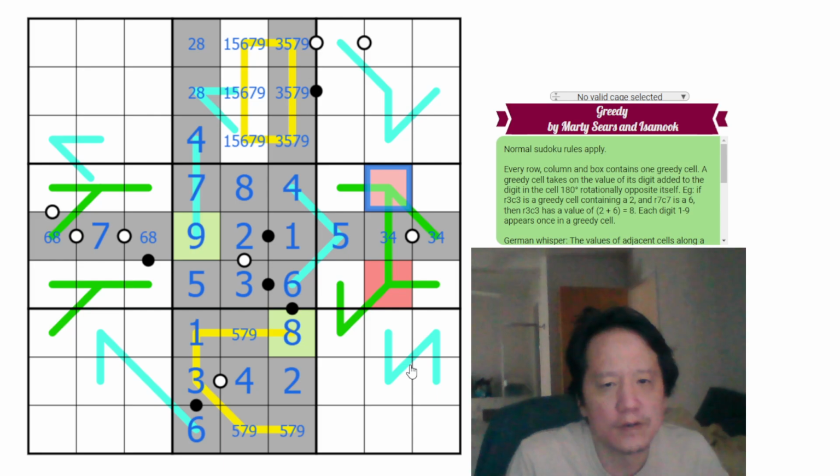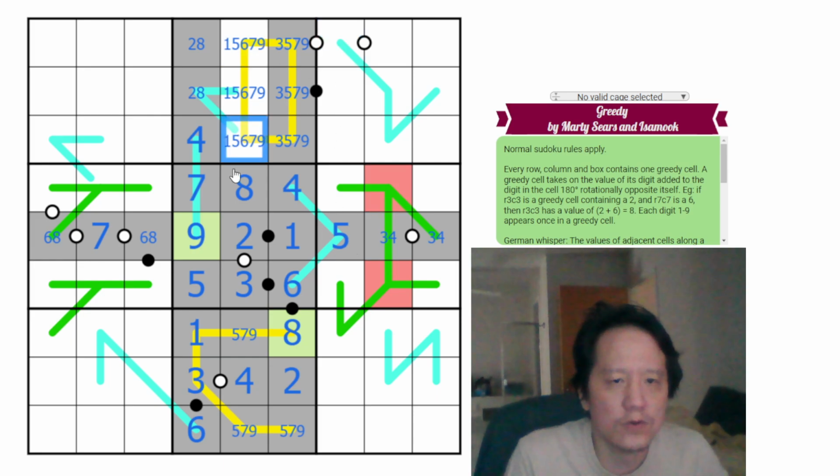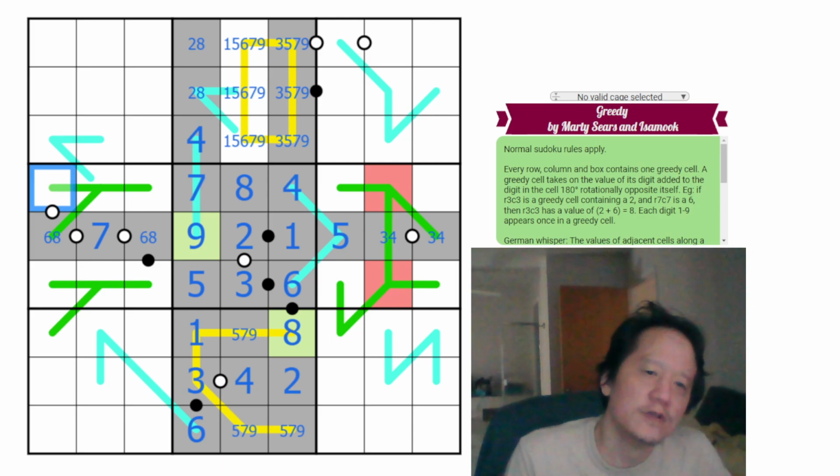Okay, consecutive. Okay, so this is 5 or 9, or it could be a greedy cell. This could technically be greedy cell 2.